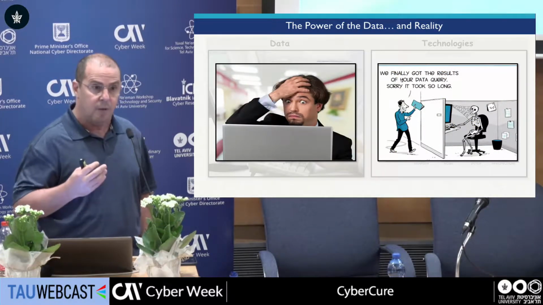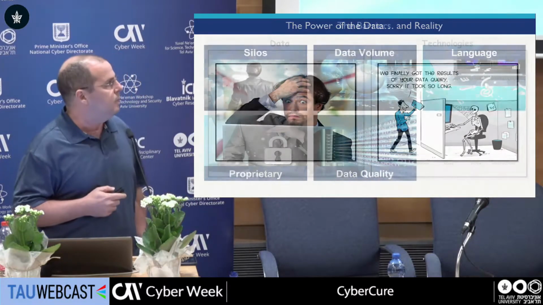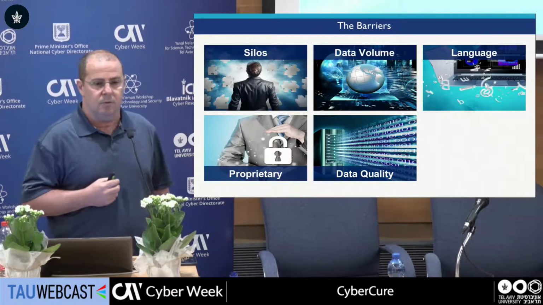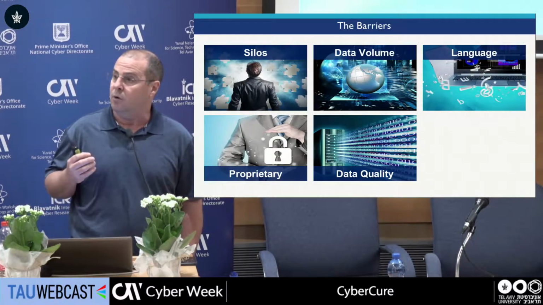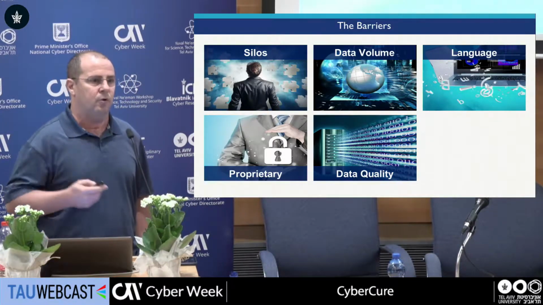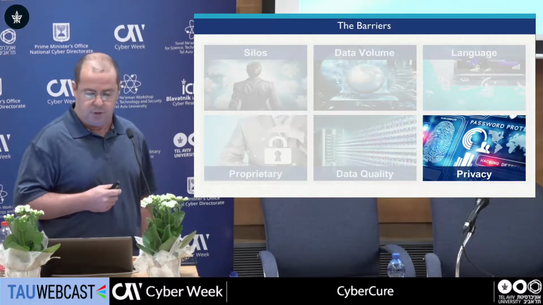It's always cumbersome, it always takes a long time, involves many people, many barriers around everything. Where the data is stored, what the format of the data is, who knows how to get the data, what the language of the data is, and so on and so forth. And a lot of this is also around privacy issues and concerns.